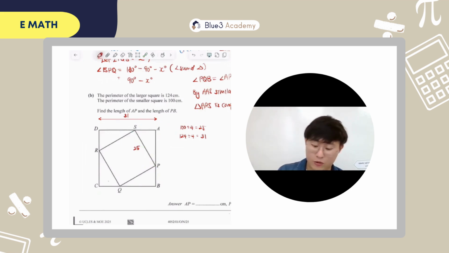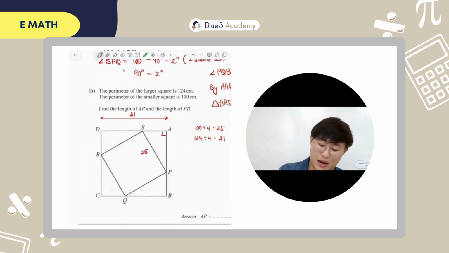At the same time, I know that this is a right angle triangle. So if you are sharp, you should know that the formula that is likely going to come out will be Pythagoras' theorem. But thinking of Pythagoras' theorem, you might be a bit stuck because you're like, but I don't know what is this and I don't know what is this.